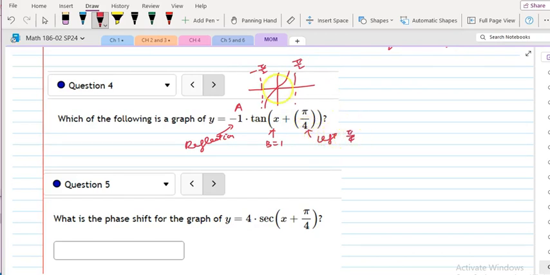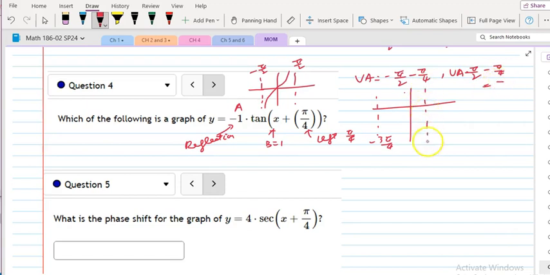Pi over 4 to the left. That means the new vertical asymptote would be negative pi over 2 subtract pi over 4, on the left side. So that would be negative 3 pi over 4. And the other vertical asymptote was pi over 2, but you subtract pi over 4 again. That is just pi over 4.